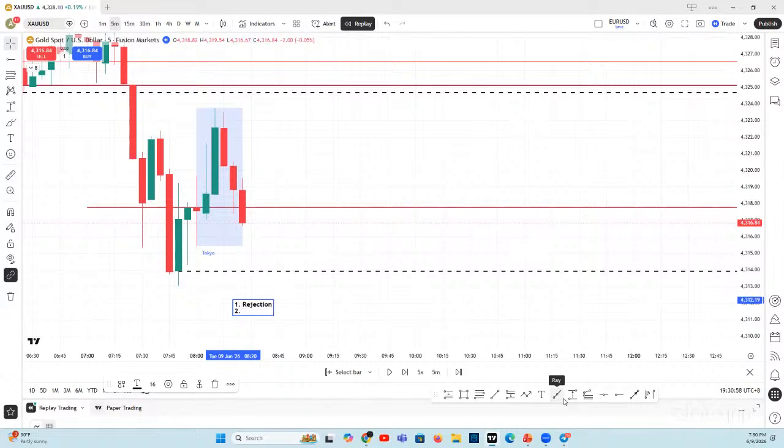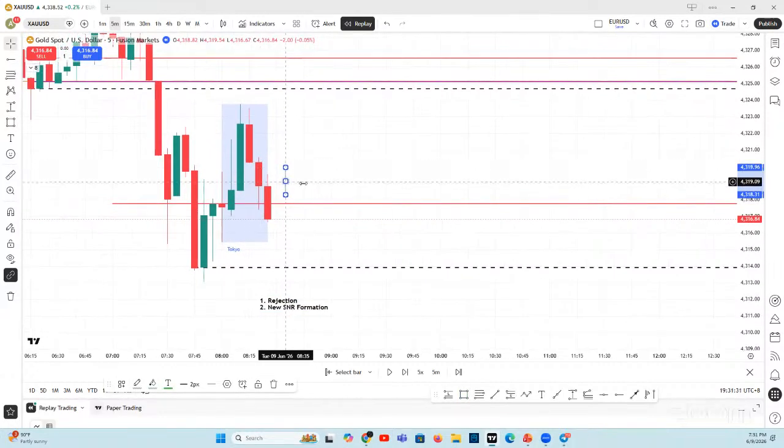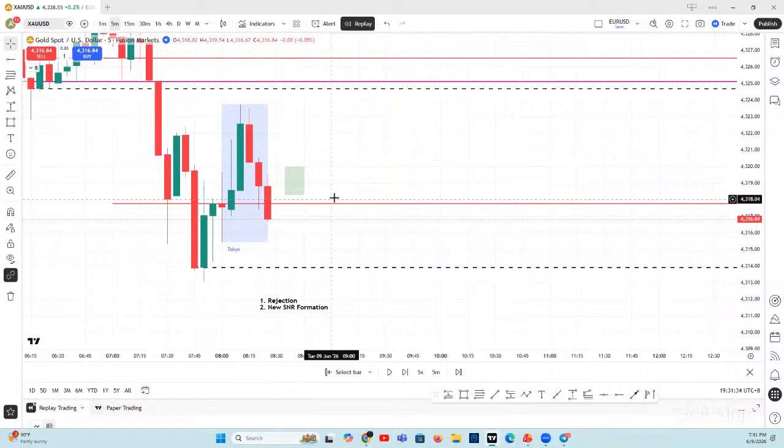Okay, for number two, guys. Remember this, huh? Write this in your notes. Screenshot, put it in your notes, in your phone. Okay, number two, new SNR formation. You need a new SNR formation. So for example, this is the H1, body candle close here on M5, there should be a new SNR here. Like a support.